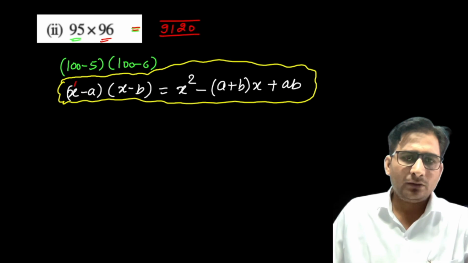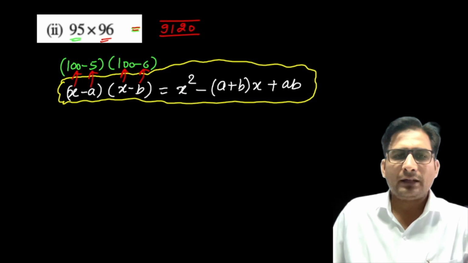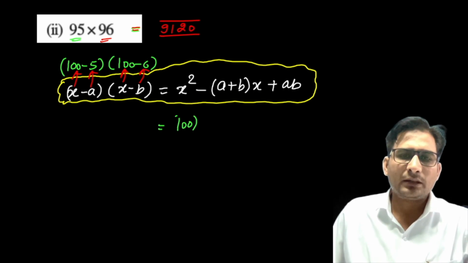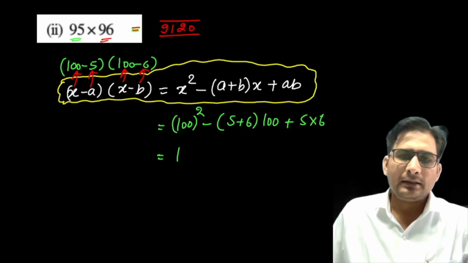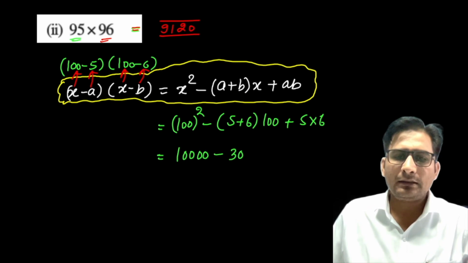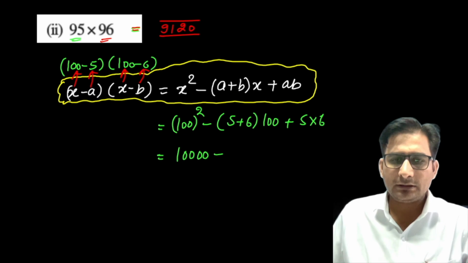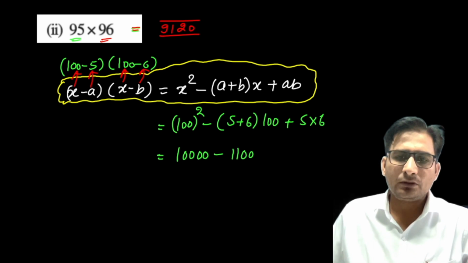Now what is x value here? x is 100, a is 5, and b is 6. Now let us put all the values here. x की प्लेस पे 100 पुट कर देंगे, a की जगह पे 5 और b की जगह पे 6, राइट? It is 100 square minus 6 plus 5, 11, 00, and 6 5s are 30.